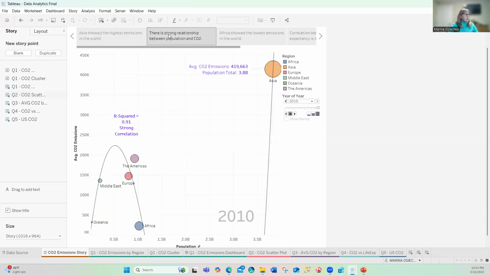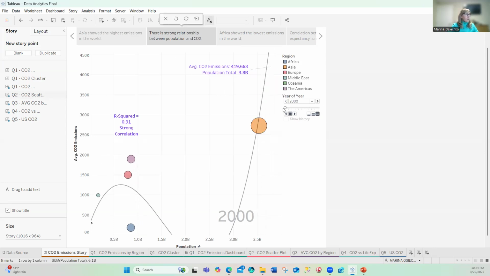So next story answers the following question. How did average CO2 emissions correlate with population across different regions over time in 2000 through 2010, and which region stands out? So here I created a scatter plot that I would like to play for you.